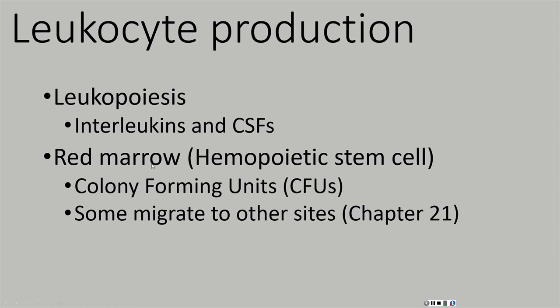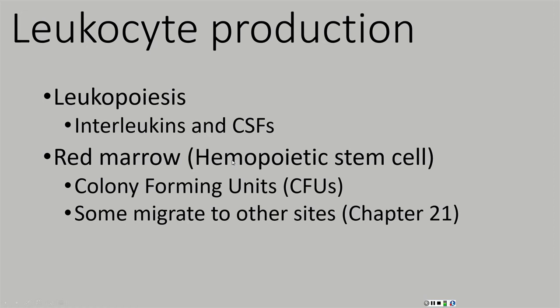Leukopoiesis occurs in the red bone marrow, beginning with a hemopoietic stem cell or a hematopoietic stem cell, hemocytoblast, the same stem cell that caused erythropoiesis. And what we're going to see from this point forward is all of the formed elements come from the same stem cell. They come from that hemopoietic stem cell, that hemocytoblast.